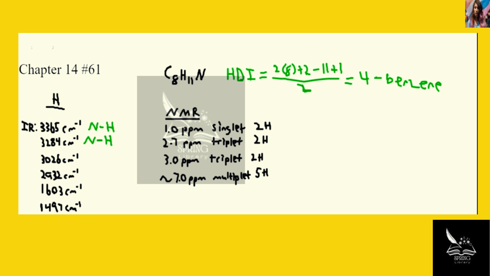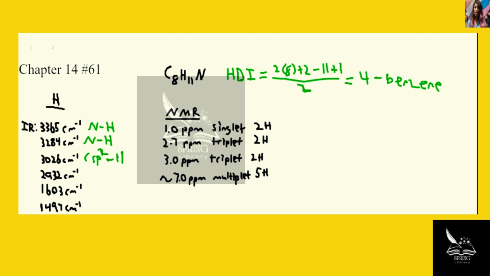The signal at 3026 wave number is going to be from an sp2 carbon bound to a hydrogen. Sorry, I don't know why this lag is so bad.